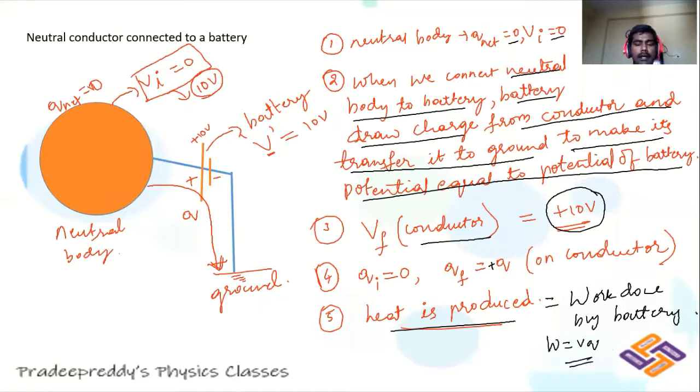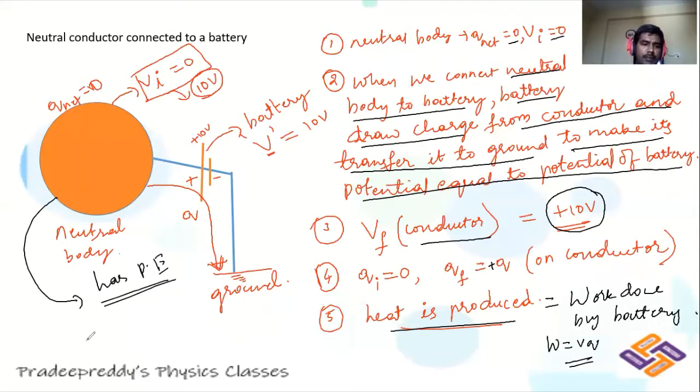And remember, in this process, as I told you, heat is produced by drawing some charge from the neutral body. The neutral body is now becoming a charged body. It has some charge Q on its surface. Therefore, this body has potential energy, right?